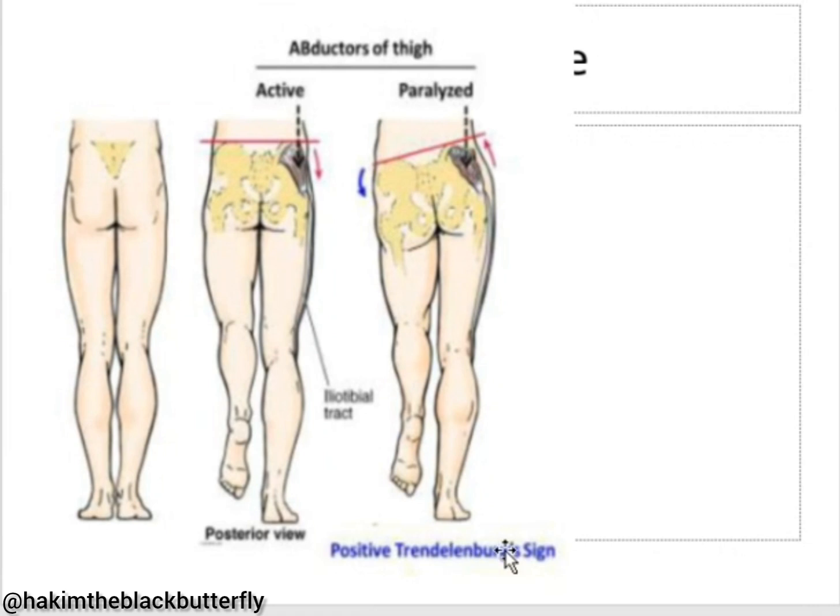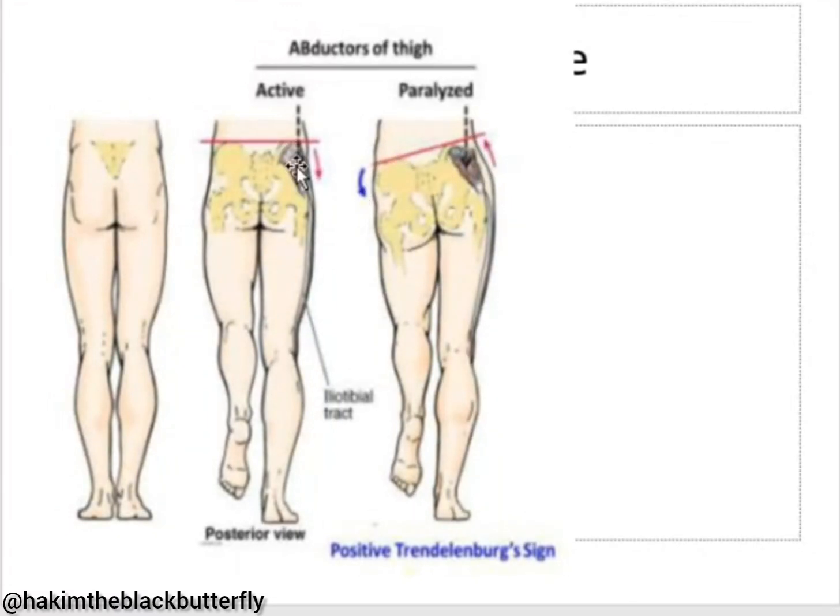A positive Trendelenburg's sign is a result of the dislocation of the hip joint on one side, as a result of paralysis of the gluteus medius and gluteus minimus, which cause its stability. When you stand on that joint, it dislocates superiorly above the joint on the opposite side because it is unstable.